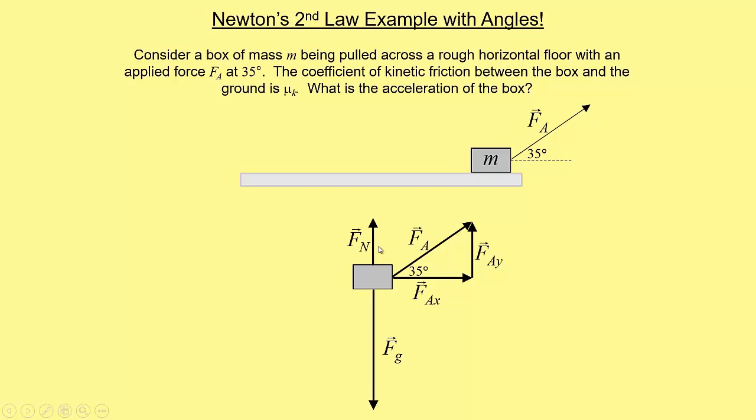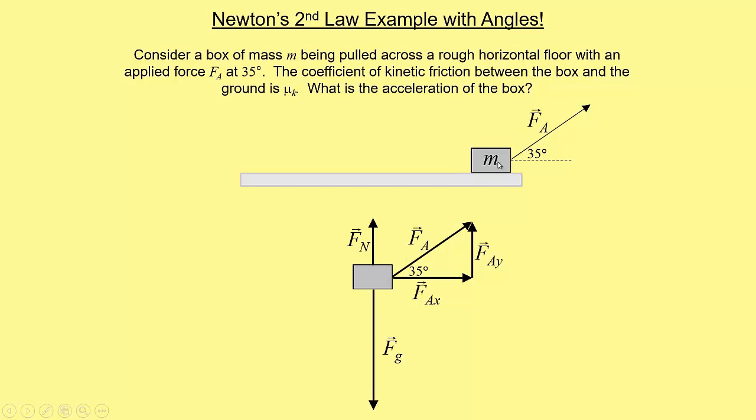First off, notice that in this case, the normal force is vertical. How many vertical forces do you see? I see three: F_n, F_g, and F_Ay, the vertical part of F_A. Is the box accelerating vertically?